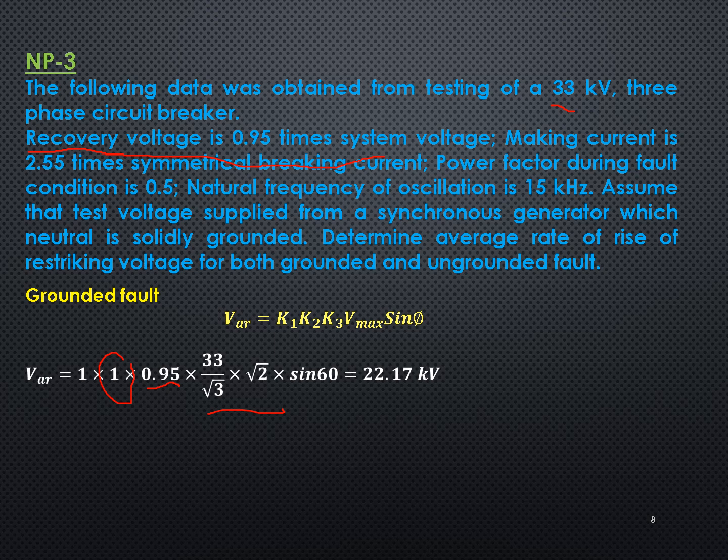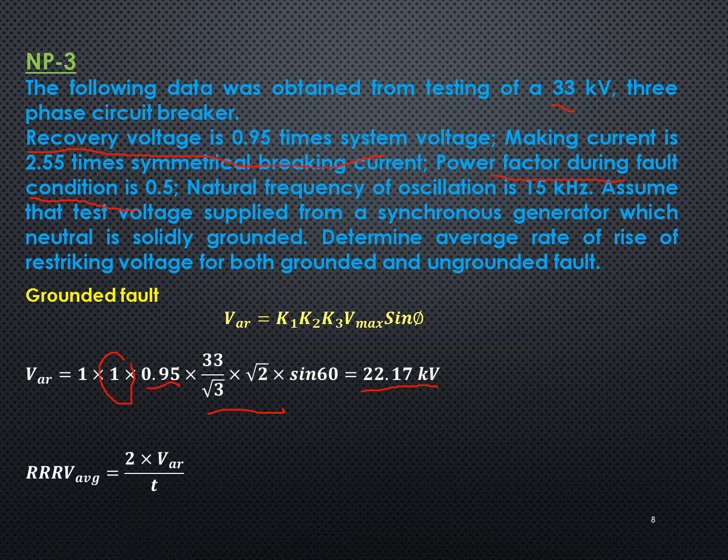The phi value is obtained from the power factor: cos phi equals 0.5, so phi is 60 degrees. With K1, K2, K3, Vmax and phi, we can calculate the maximum value of the active recovery voltage.